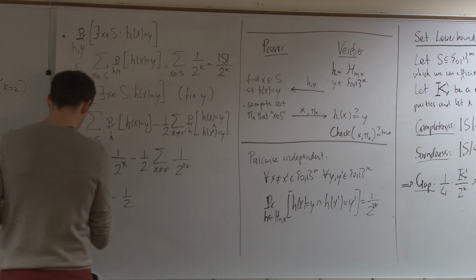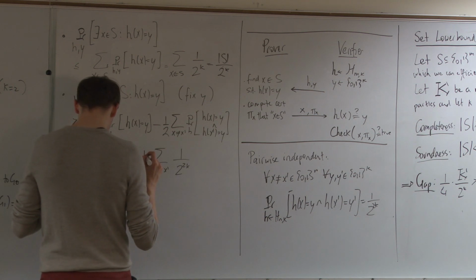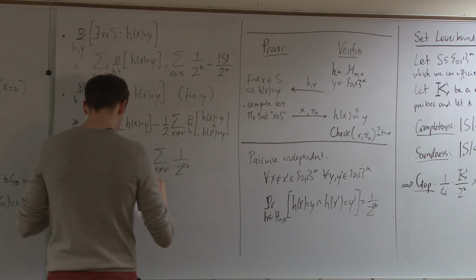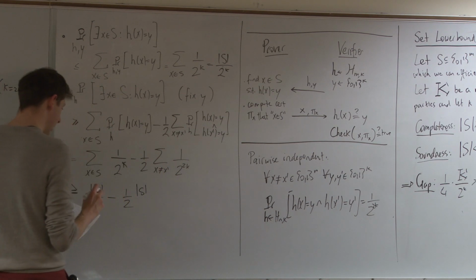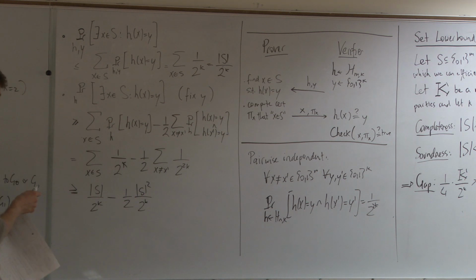If I just bound this by S squared, it can only make things worse, right? So it's okay if I put an inequality here. I'm going to put S squared. Okay?